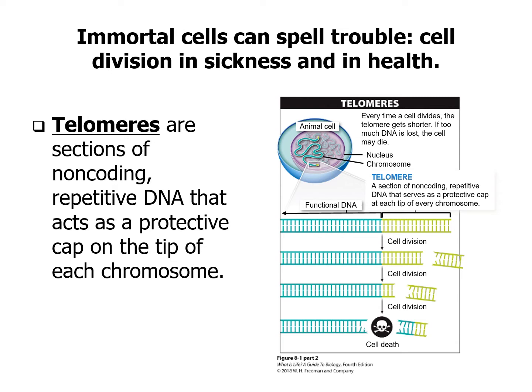And so once we get to the end of the telomere, so we've cut off from cell division over and over so many times that the telomere is now too short, that is when the cell itself will die. Because remember, in order to have a new cell, it has to come from a pre-existing cell, but that pre-existing cell then has to essentially reach the end of its little cell life after it goes through cell division so many times.